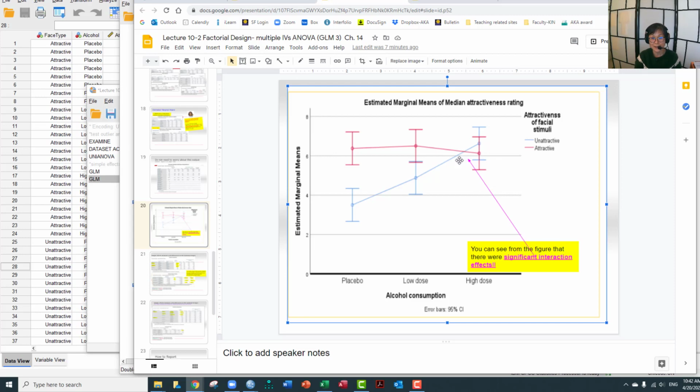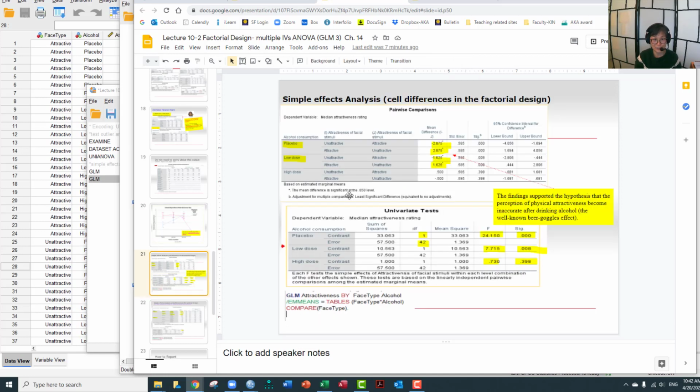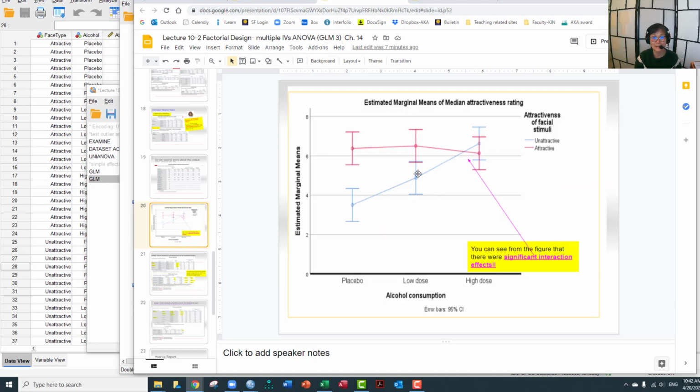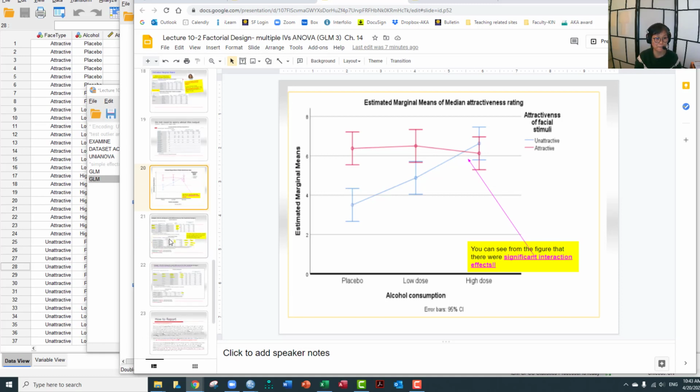As you can see, there is an interaction effect, and at high dose of drinking, their attractiveness level doesn't matter whether it's an attractive picture or not. It's pretty similar, and it came out in the simple effect test, which is right here. There were no differences here. Do you see that? But these two differences came out significantly different, significantly different. Got it?